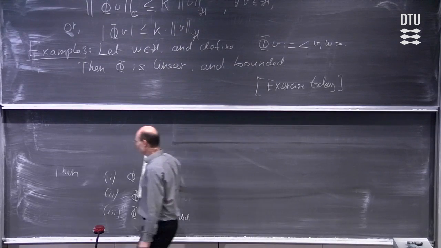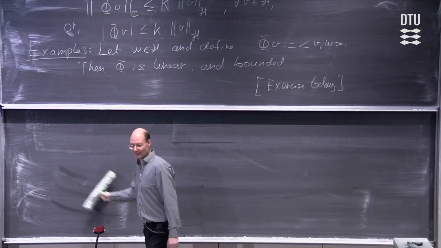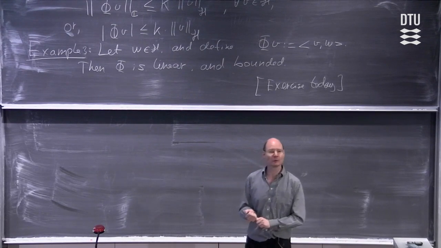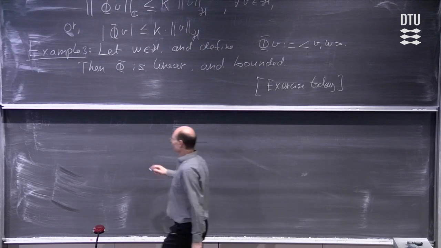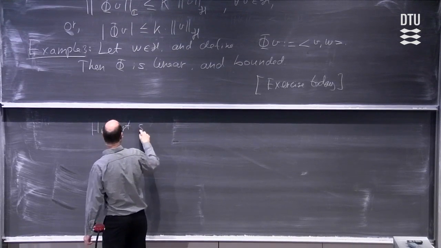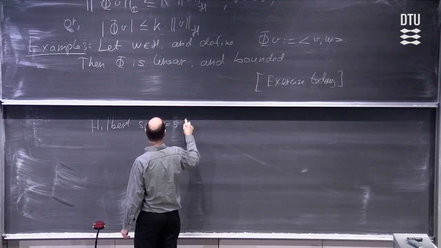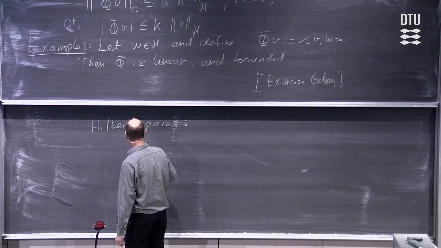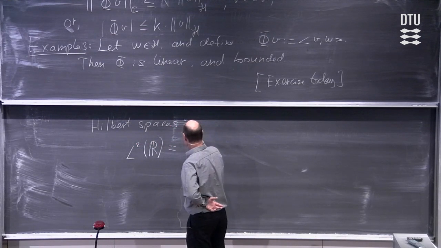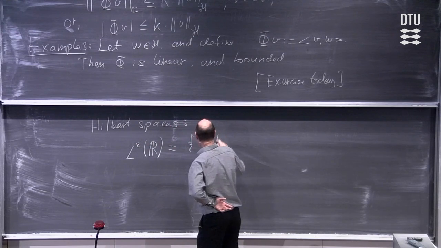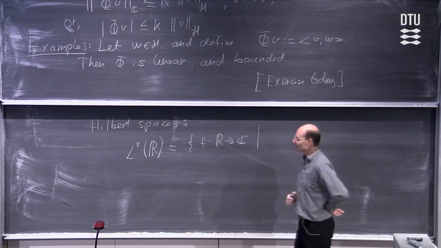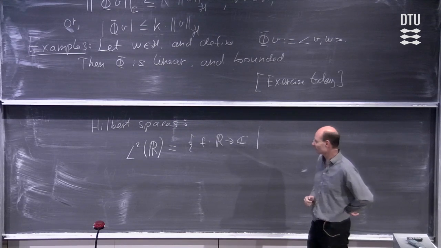Before I go into the physics, I'll just tell you that today we only introduced one new Hilbert space, but what we'll do later in this course is to look at some other Hilbert spaces. Namely, we will look at the space L2 of R, which is the set of functions f going from R into C. You can see the structure is very similar to what we had for the sequence space.